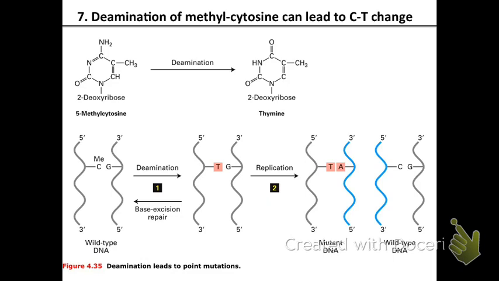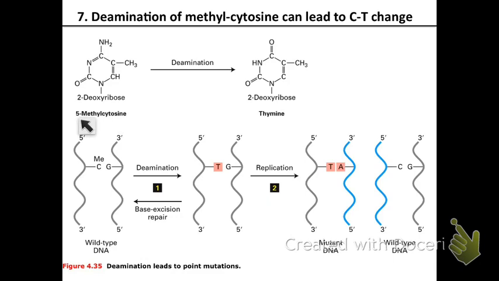So there are other damages, and another very common damage that occurs is deamination of the methylcytosine, which can lead to a C to T change. Okay? In humans and a lot of mammals, most of our cytosine nucleotides are actually modified by the addition of a methyl group. So we have a lot of 5-methylcytosine in our DNA.